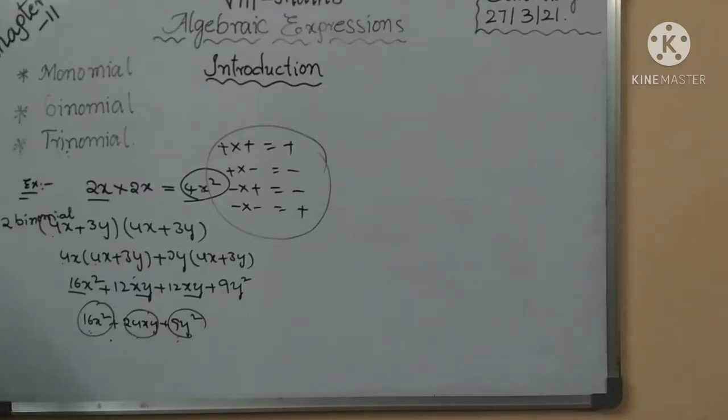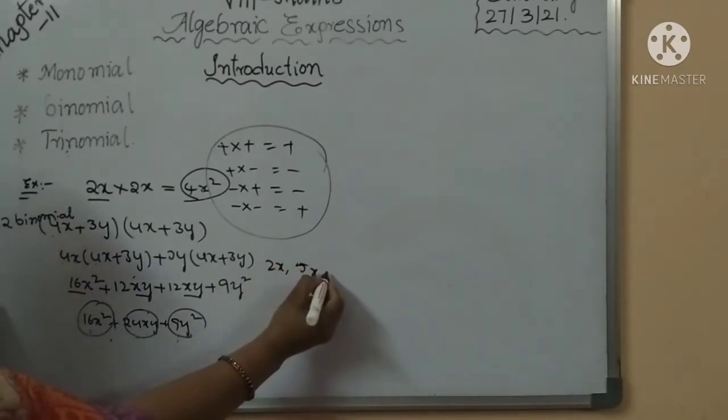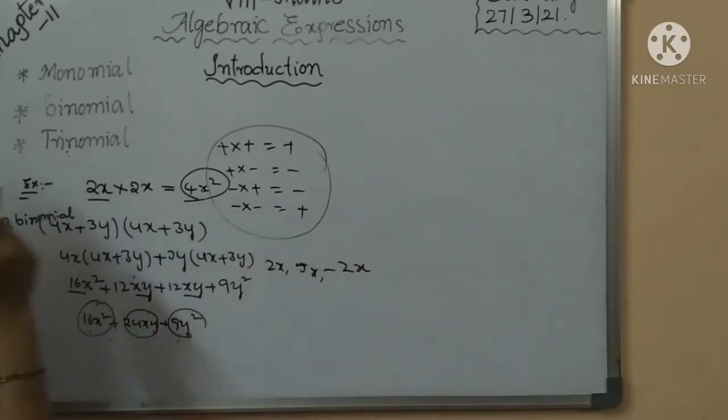Okay, we know about like terms and unlike terms. Like terms means the variables are the same and the powers are also the same. What is a like term? A like term has the same variable and the same power. For example, 2x, 5x, minus 2x or minus 4x.